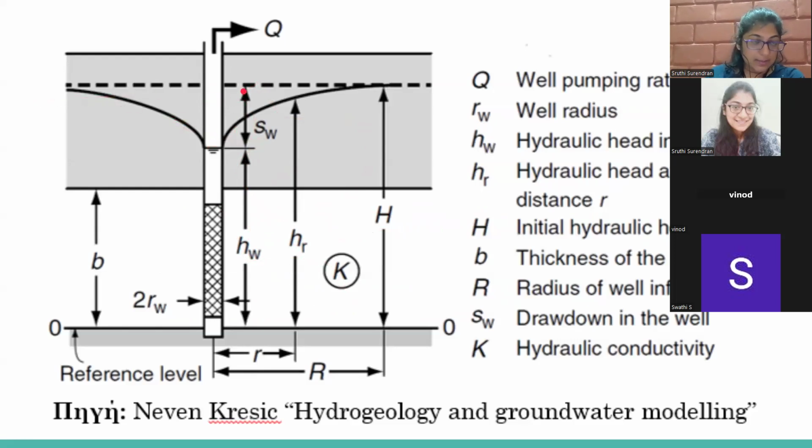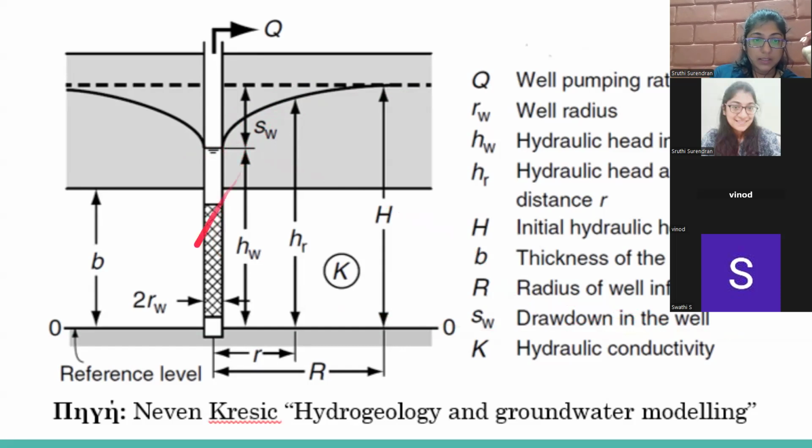This distance from the static water level, that is when the water level is at its highest before pumping, to the level of the water at present after the pumping has happened is called the drawdown. So that is the height of the water that has been removed as a result of pumping, and it is depicted by SW, which is drawdown in the well.